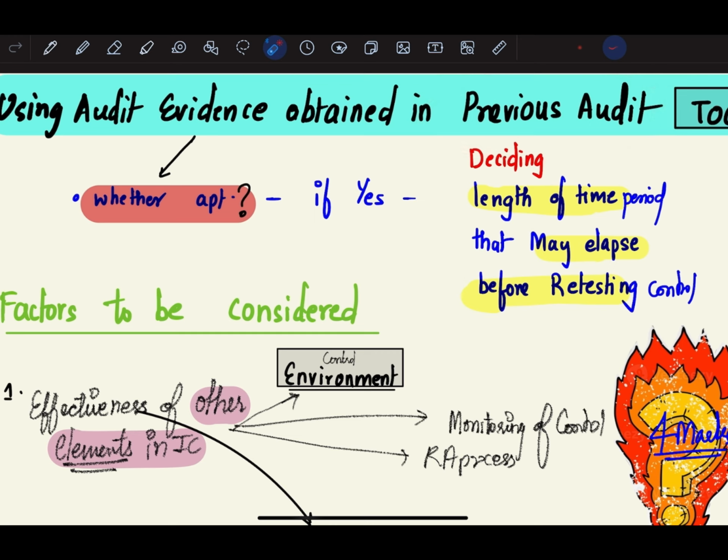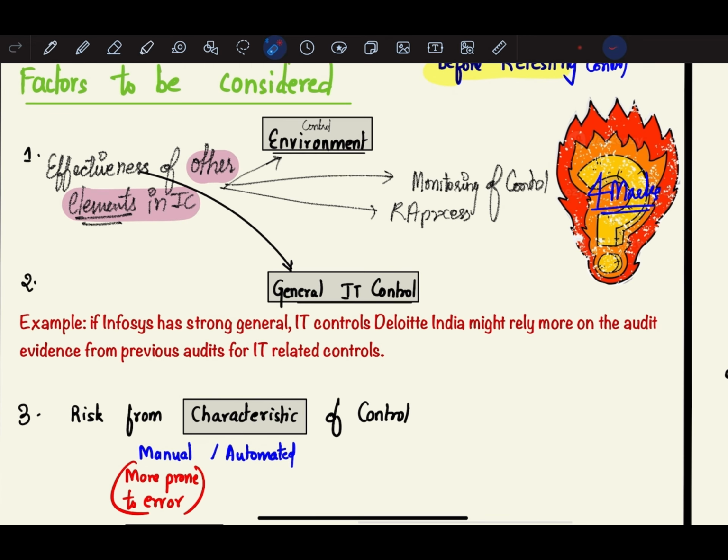For this, the auditor has to consider different factors. Depending upon the factors, the length of time period for using the previous year audit evidence regarding test of control will differ. These factors were tested in a previous year exam for 4 marks. So this topic is important. So what are the factors that the auditor will consider to decide the length of time before retesting the control?